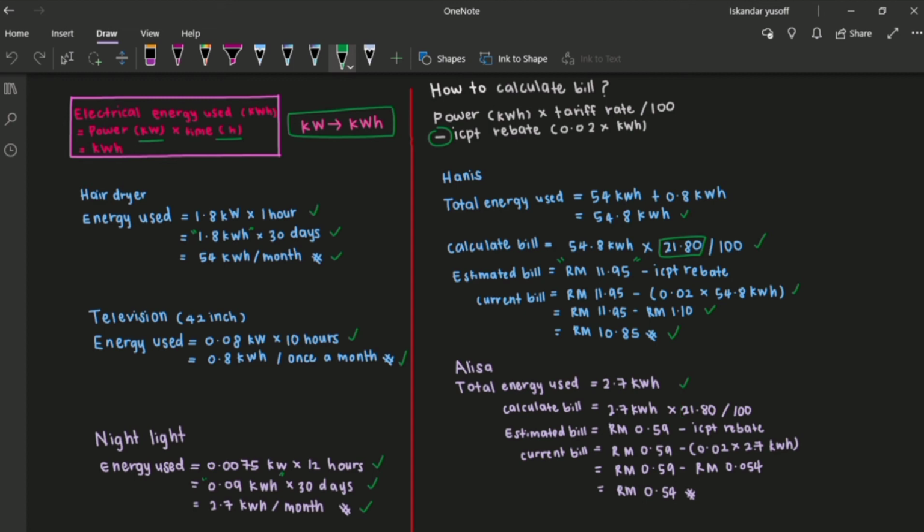Then we will get the estimate value that is 59 cent and need to minus with the ICPT rebate that is 0.02 times 2.7 kilowatt hour, and the value for the ICPT rebate is 0.054 cent. Then after we minus both values, we will get the current bill that Alisa should pay, that is 54 cents.